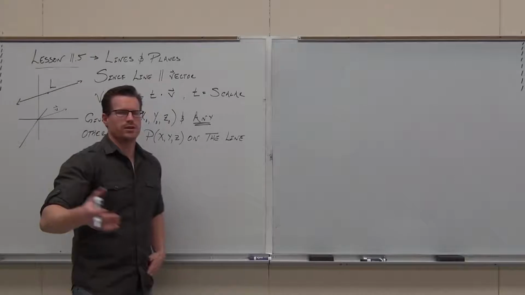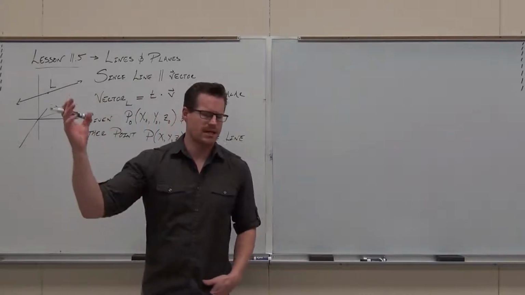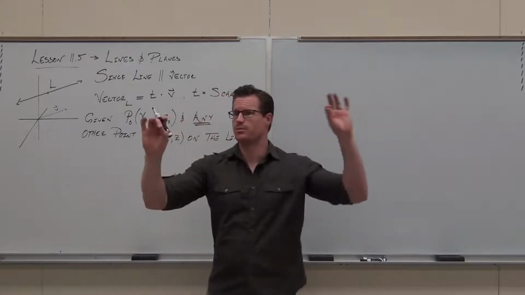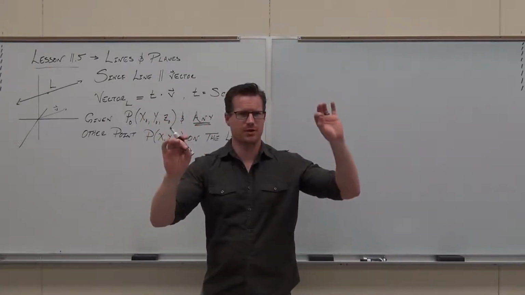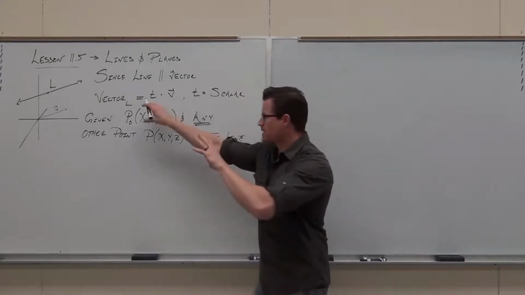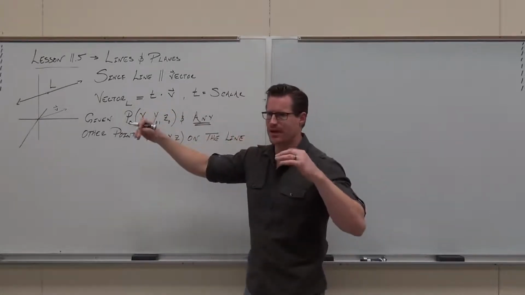So if I give us a specified point 3, 1, 2, and any other point x, y, z, so we're letting that float, but it's any point on that line. Do you guys understand what I'm talking about? Where we're going to get our variable is from this x, y, z. So I have a point on the line, and any other point, it just has to be on the line. I don't care what it is.